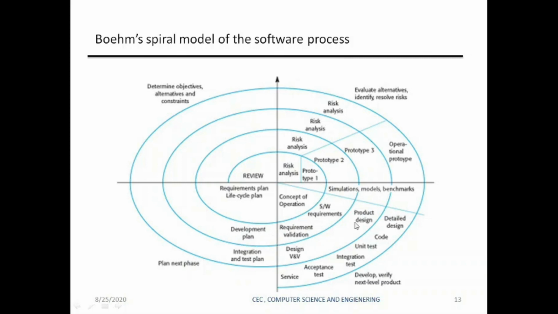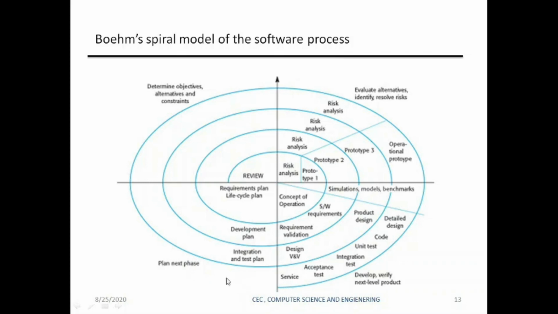Then in the validation, product design as well as design of validation and verification is done. Next, in the evolution part you can see acceptance test, integration test, unit testing, code, detailed design. After all types of testing, the product is released to the customer.